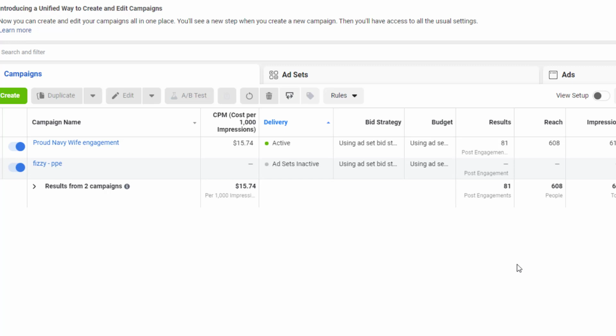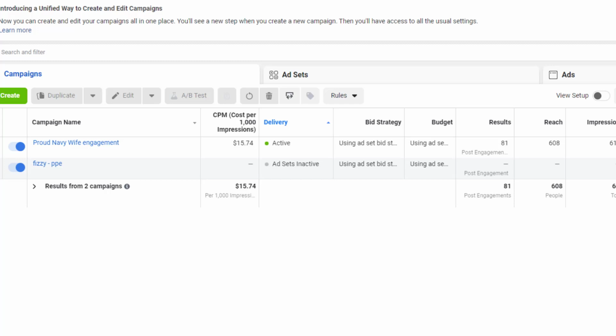And this is Q4 as well, so maybe that also drives up the CPM. That's why I've only been able to reach 600 people with a $10 ad spend, which means I'll probably need to spend, I don't know, $20 perhaps, to get just 1,000 people reach.